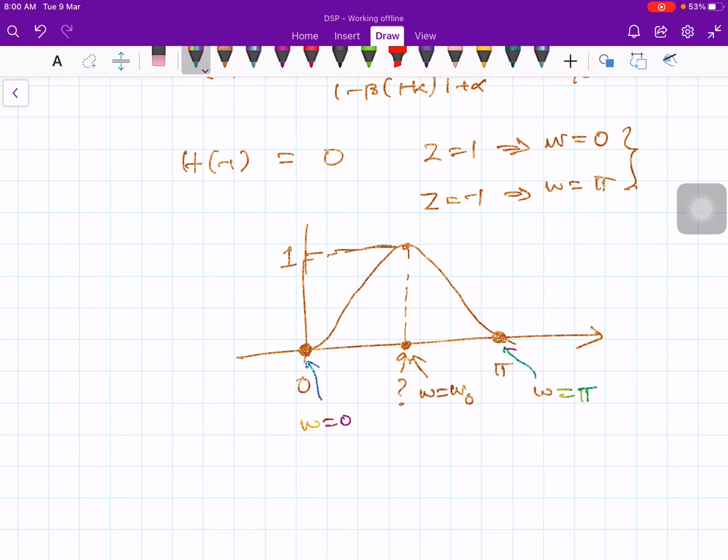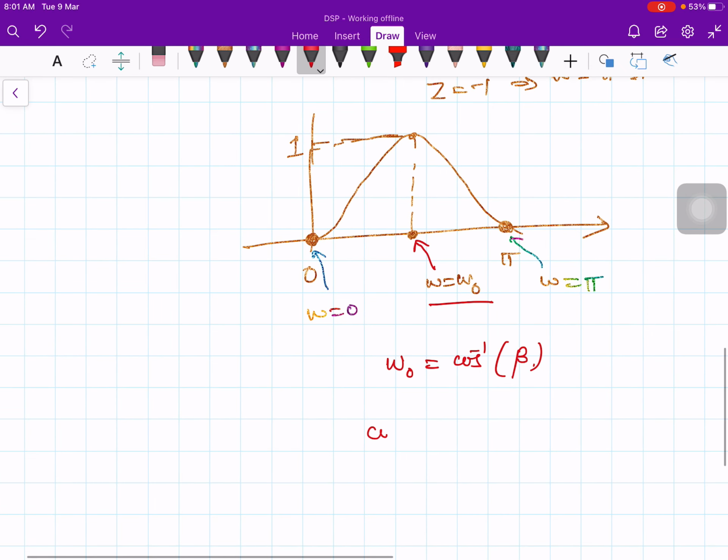Let me call this point omega naught. Now, how can you find out this omega naught? Omega naught is equal to cosine inverse of beta. This you can easily show, okay, it's a little bit of algebra. Therefore cos of omega naught, this omega naught is a frequency at which the maximum occurs.